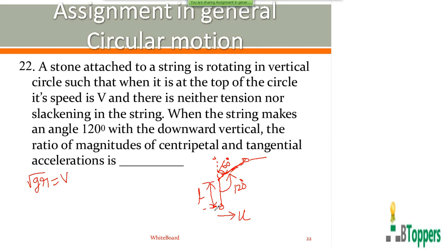The magnitude of velocity at the highest position will be root gr, as I discussed in the theory part, only when the initial velocity given at the lowest position is root 5gr. You can write that as v into root 5, because root gr is v. So let us find the magnitude of velocity at this instant.